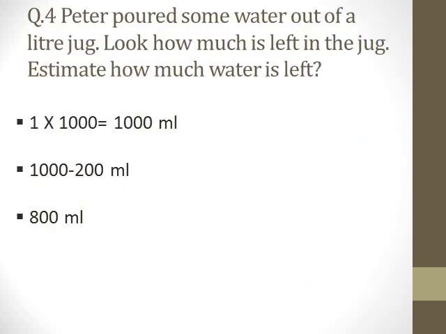Just write that 1 multiplied by 1000 equals 1000 ml, because in 1 liter there are 1000 milliliter. So I multiply 1 by 1000 and get the answer in milliliter. Remember class, students, whenever we solve any measurement question, both units should be the same in the given information.